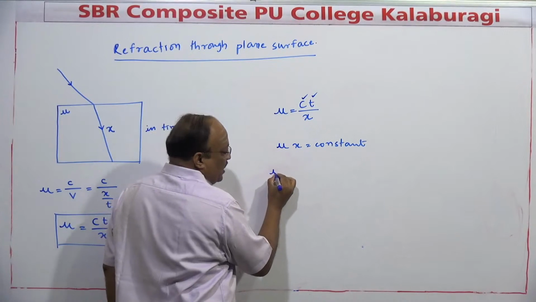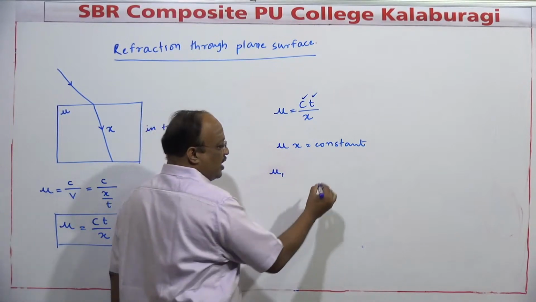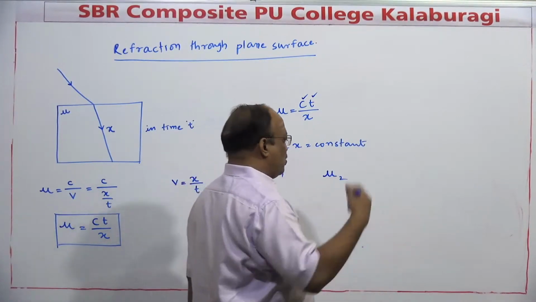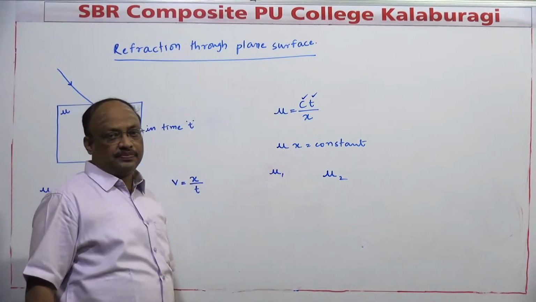If mu1 is the refractive index of the first medium and mu2 is the refractive index of the other medium, and in the two different mediums it is traveling for the same time, then mu1 x1 is equal to mu2 x2.